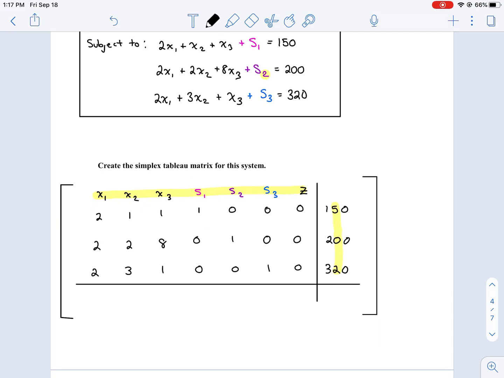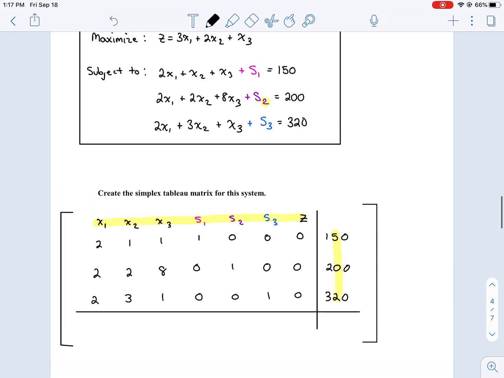If we take a look at the problem that we're trying to maximize, that is 3x sub 1 plus 2x sub 2 plus x sub 3 is equal to z. So what I'm going to do is rewrite this so all of the variables are on the same side of the equal sign.